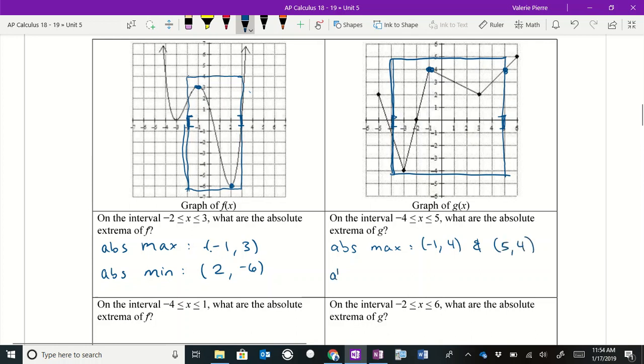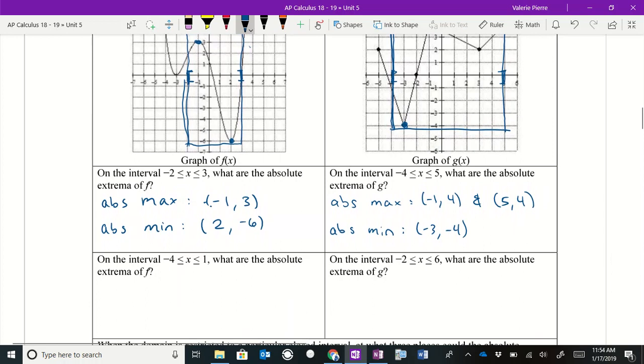And our absolute min occurs at this point here, which is (-3, -4). Okay.